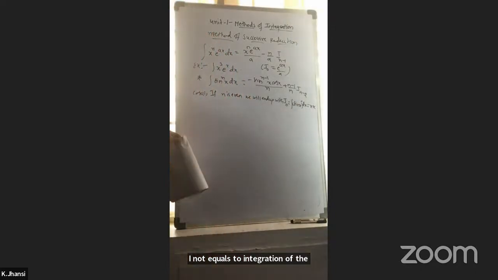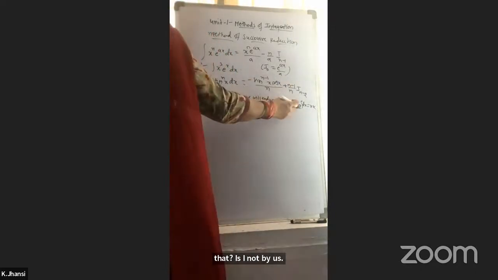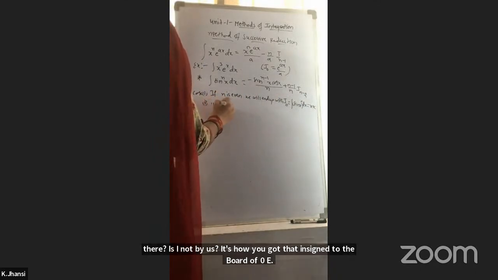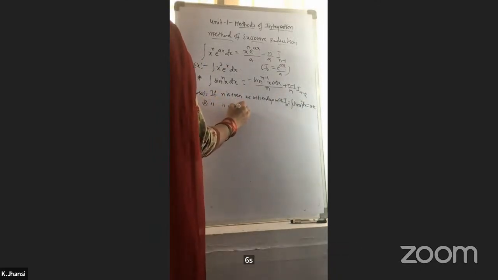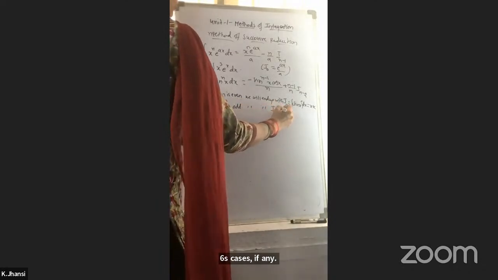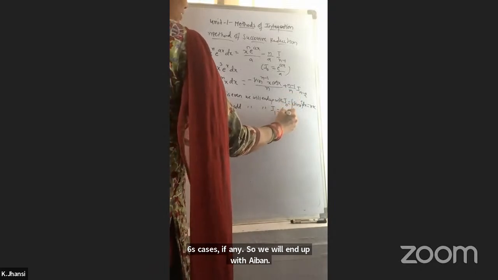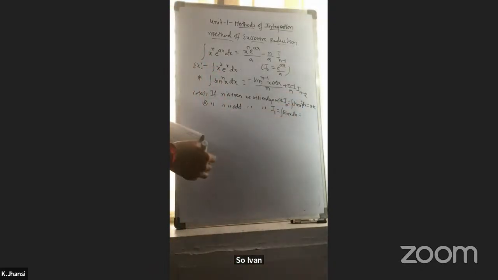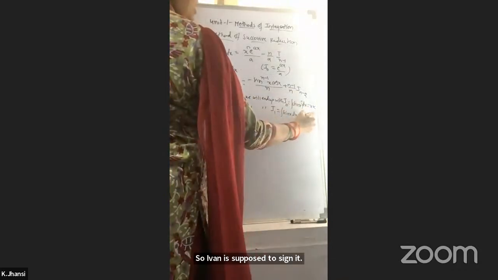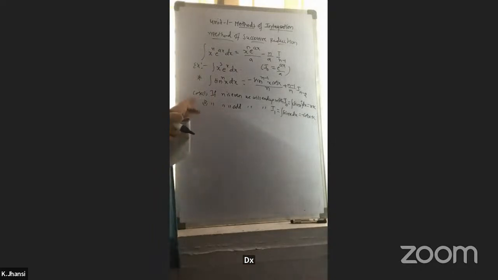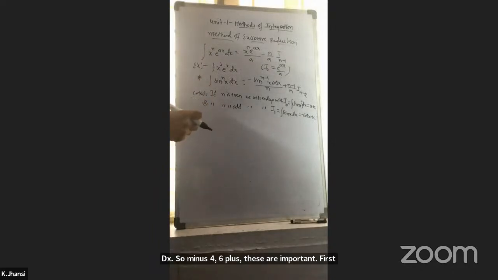That is, I naught value is x. How you got that? Sin to the power of 0 is 1, so the integral is x. Second case is, if n is odd, we will end up with I1. So I1 is equal to integration of sin x dx. So sin x integration is minus cos x plus c. Okay. These are important for solving the problems.